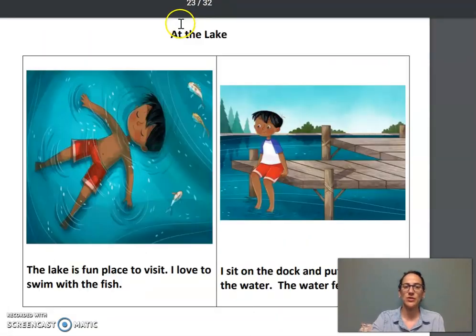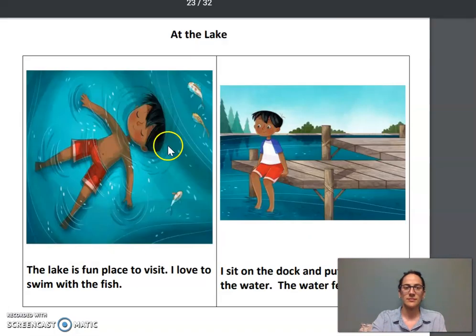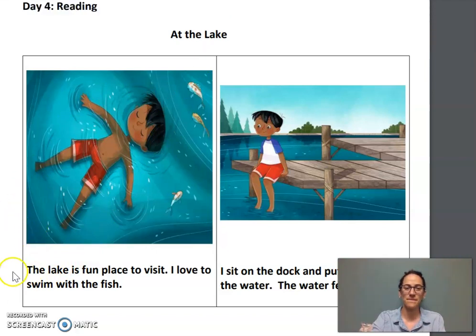Today we are going to read At the Lake. I remember that a lake is a big part of water surrounded by grass. Look at the picture. Now let's read. The lake is a fun place to visit. I love to swim with the fish.